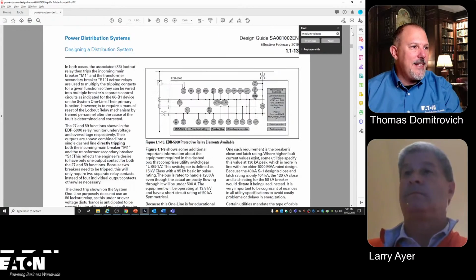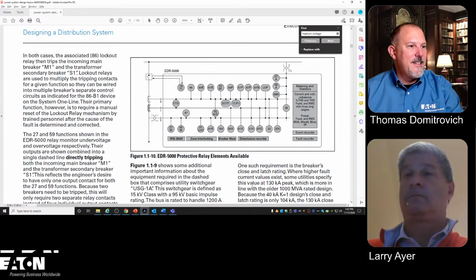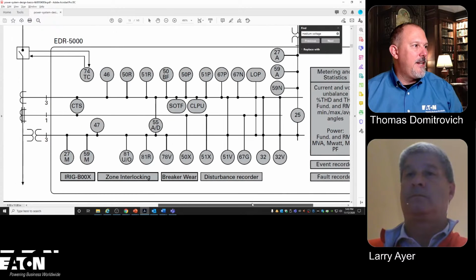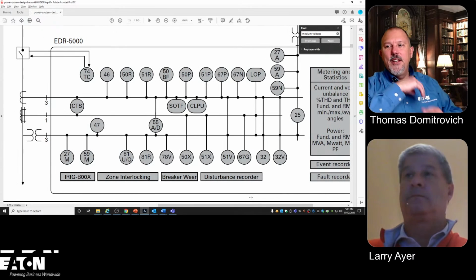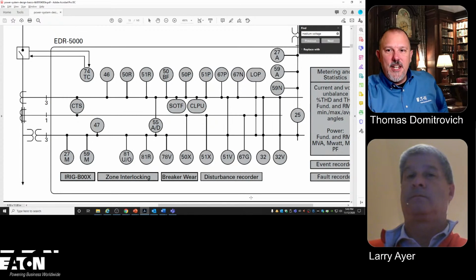Here's a good image right here. This is a relay that we make, and on a diagram you'll see all of these terminologies, and you have to understand what a 50 relay is, a 50R, a 50G, 50/51, and all the different things.